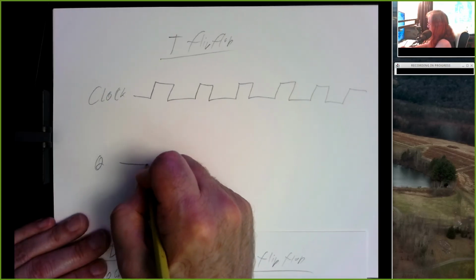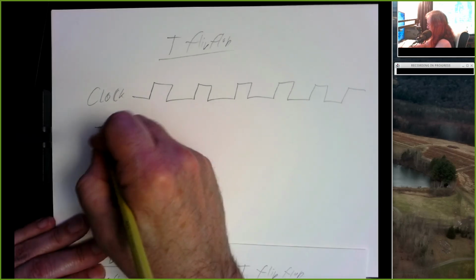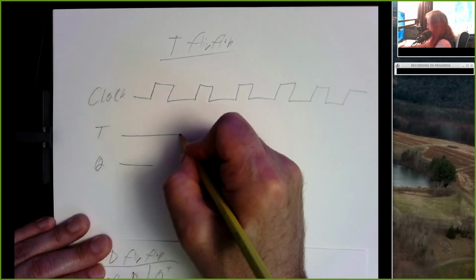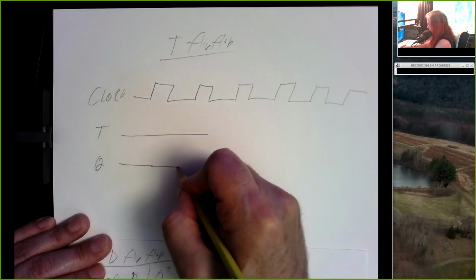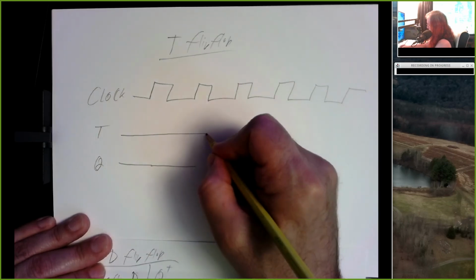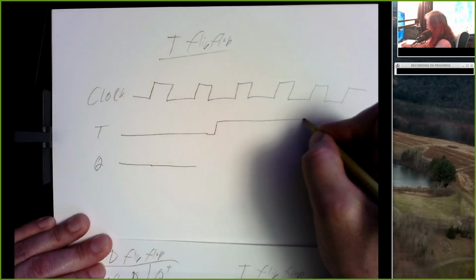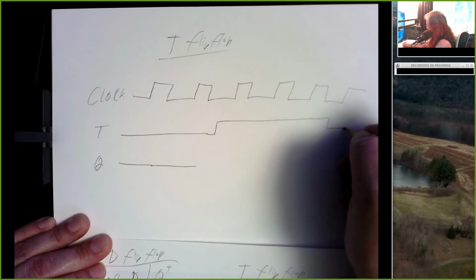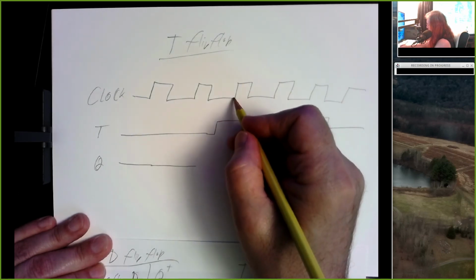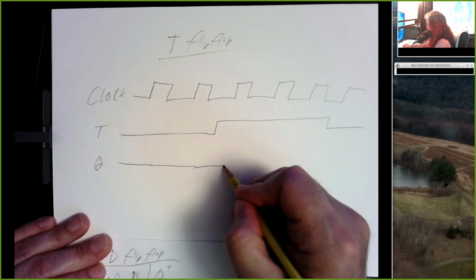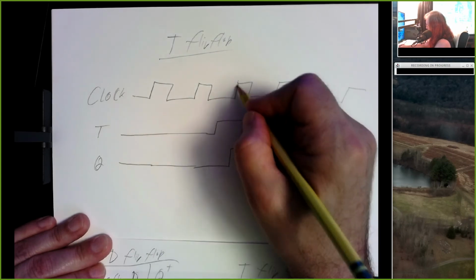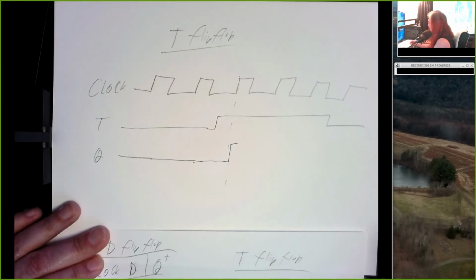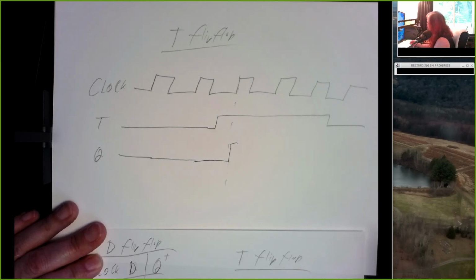Let's suppose our output happens to start low. If T is low, the output doesn't change. If T is high, each time the clock changes from 0 to 1, the output changes from its current value to the opposite value.